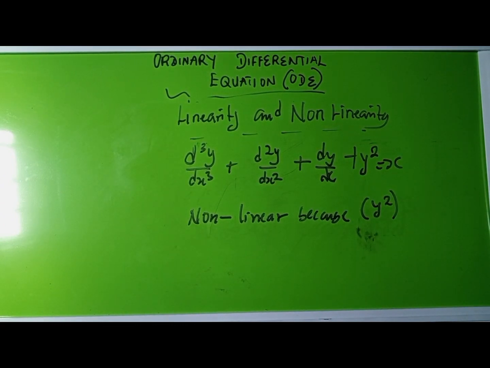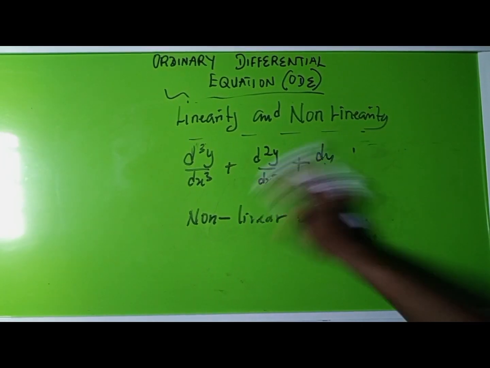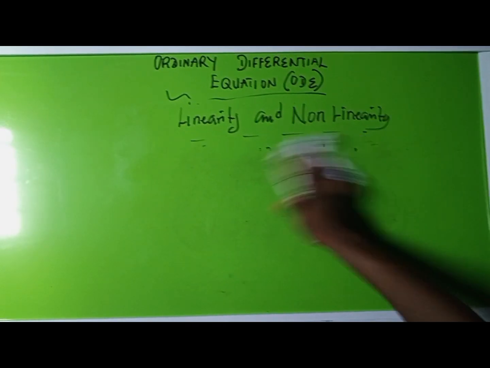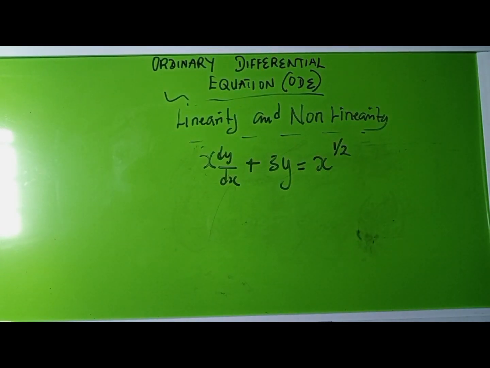Now let's take more examples to determine whether your equation is linear or non-linear. Is your equation linear or non-linear? For the first one, we are not seeing any product of the dependent variable.